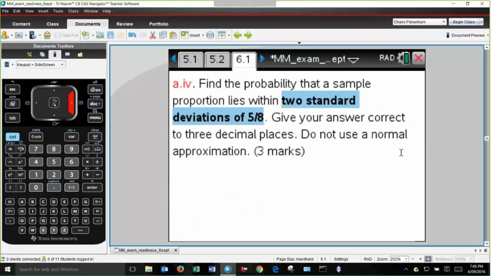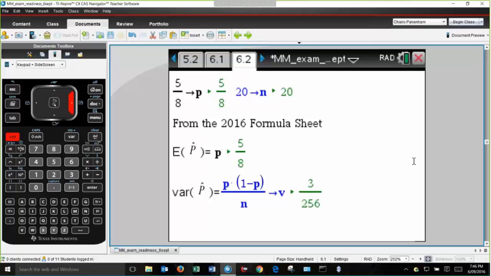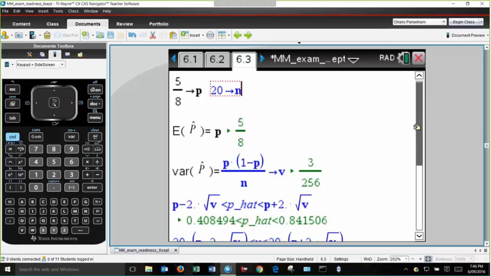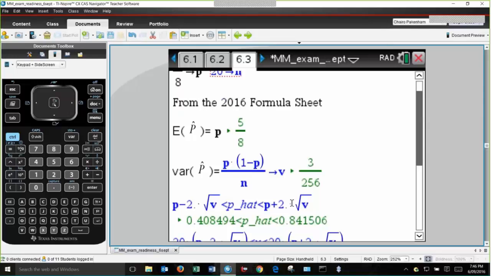Okay, so this is what I've got already. From the previous question, I already know the value of the variance, and I'll store the variance as V. So P hat is going to be within 2 standard deviations. Actually, I'll hide that for just a minute.